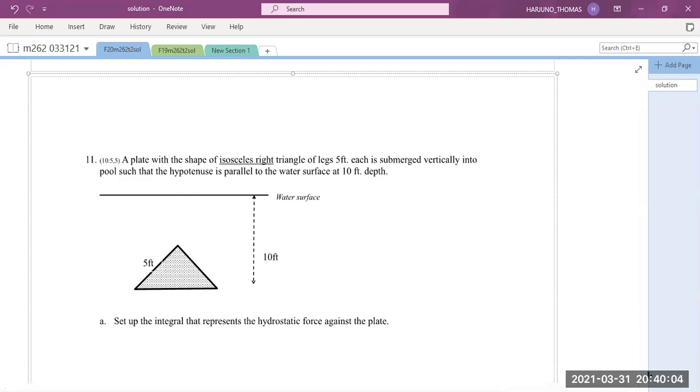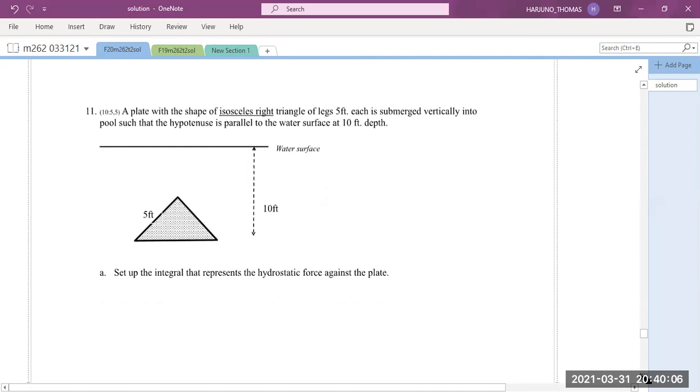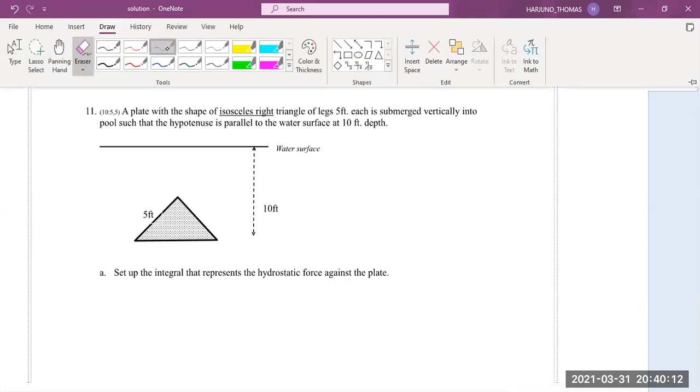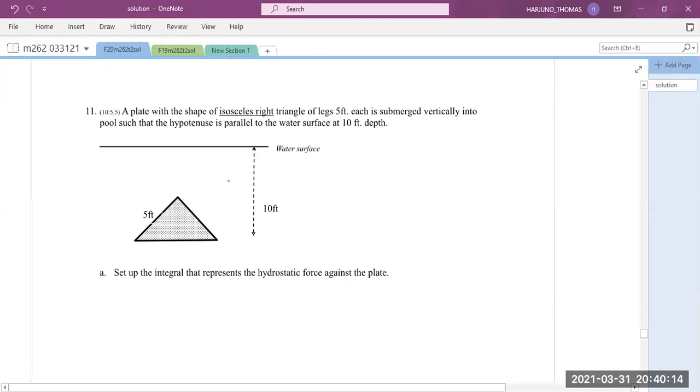Okay, number 10, set up the integral such that... so basically this is the graph, right? Now what will my reference be? I think I want to make my reference line here. Let's say this is my x equals 0.